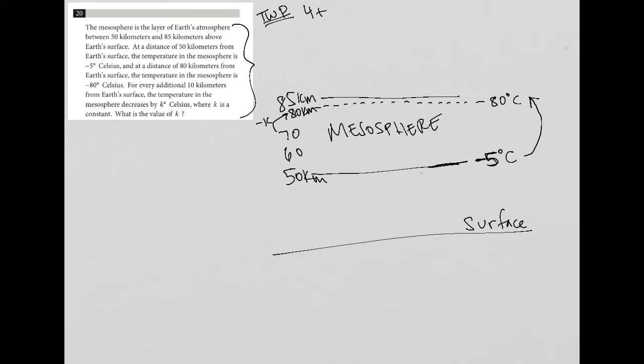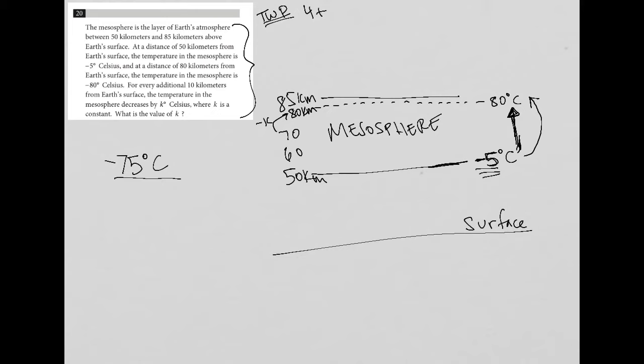So, well, what's the total decrease from -5 degrees to -80 degrees? That's a total of a -75 degrees Celsius change, right? If I'm starting at -5, if I subtract 75, I'll get to -80. Now, how many kilometers did it take for me to get there? Well, it took 30 kilometers.